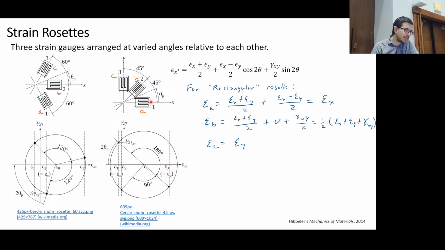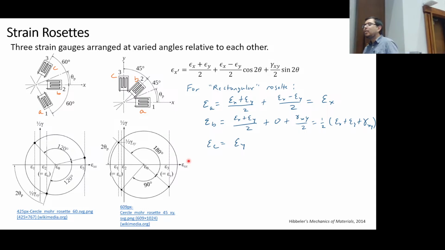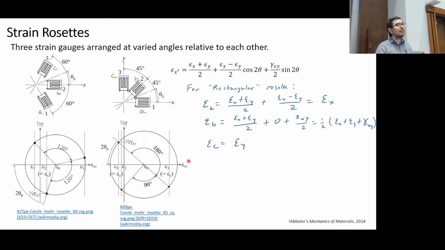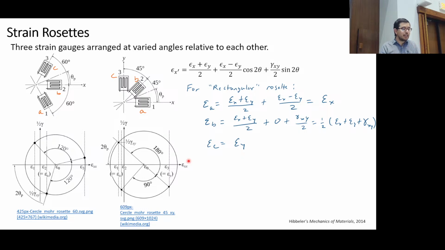The one that's a little bit tricky is the B strain gauge, okay? But you're like, why do I even want that B strain gauge? All I care about are normal strains. I don't care about the shear ones. No. We've only been able to characterize 2 of the 3 terms for plane strain. We need this one at 45 degrees to be able to figure out the gamma.